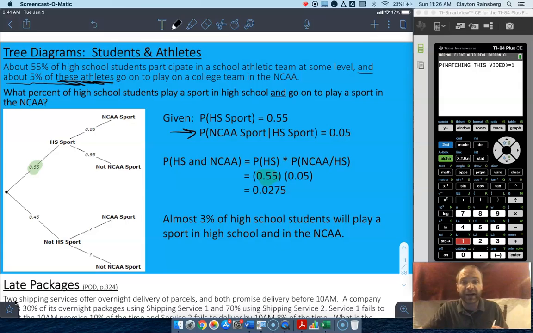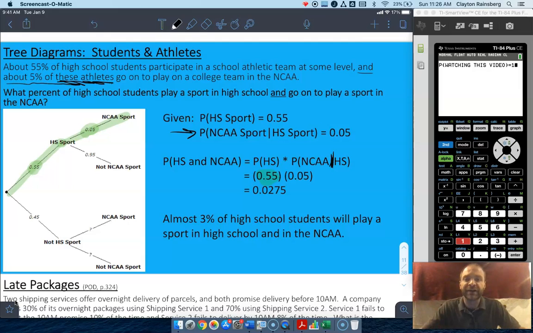I'm going to multiply by the probability that they're going in the NCAA, given that they played a high school sport. So that's that 0.05. And so we multiply those together, and I get 0.0275. So there's almost a 3% chance of high school students who play a sport in high school and go on to play in the NCAA.